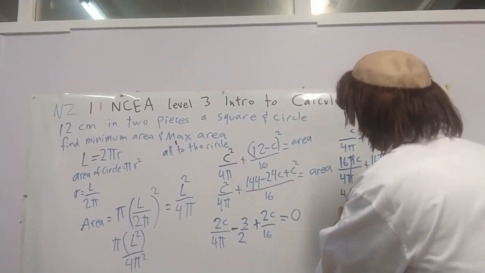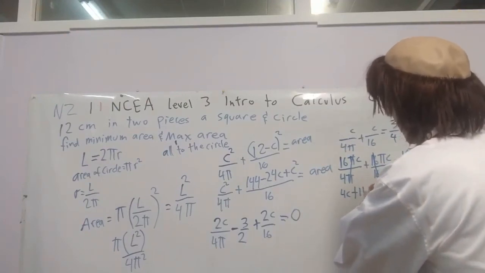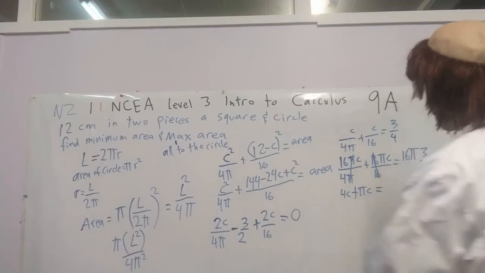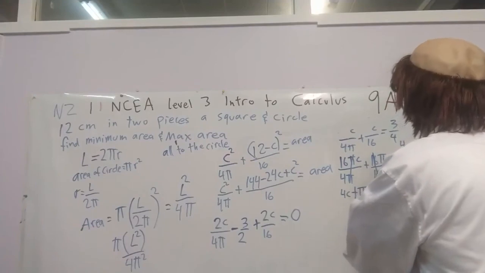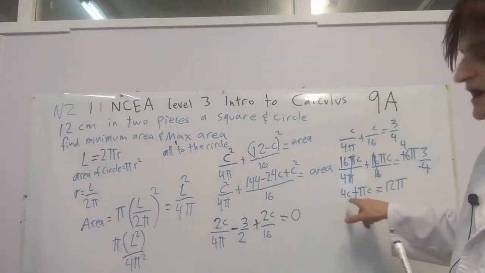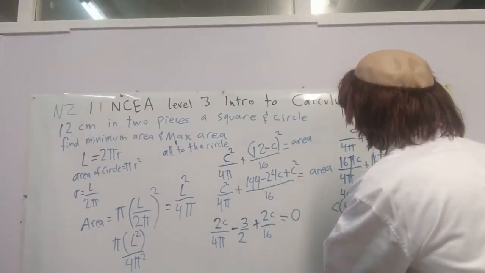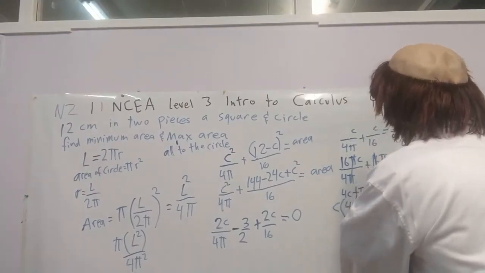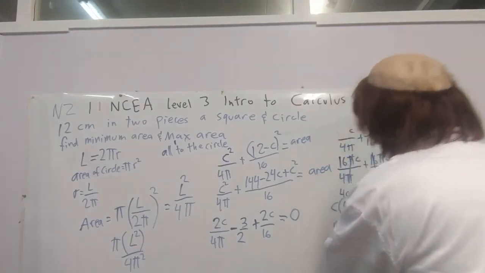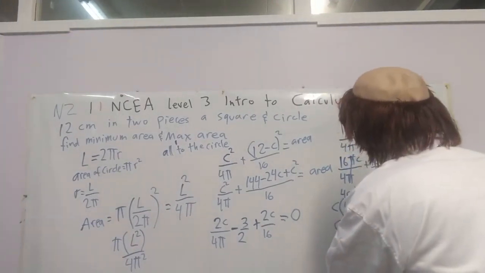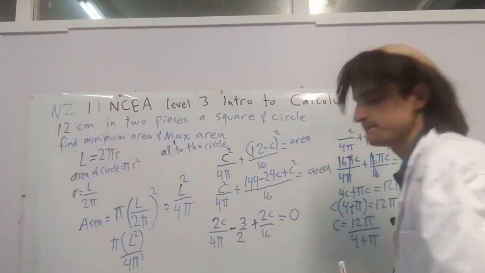So we're left with 4c. These cancel. Plus pi c equals, these cancel, 12 pi. Then we can factor out the c. C times 4 plus pi equals 12 pi. C equals 12 pi divided by 4 plus pi.